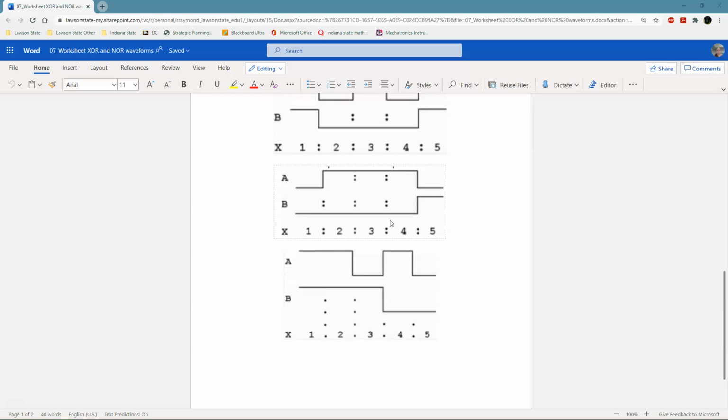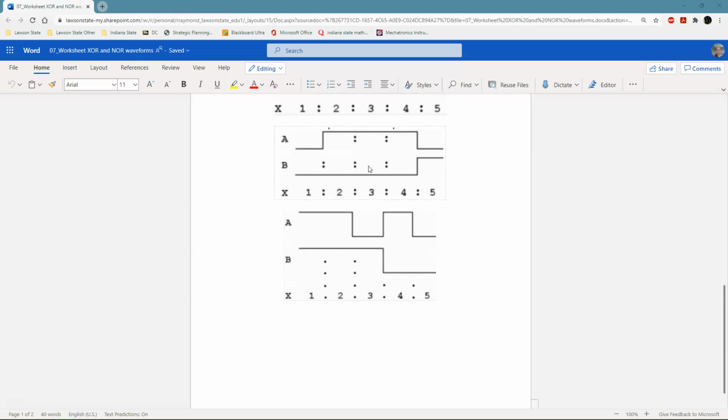So for the second one, for this one right here, what would my signal output look like? Should be 1, 0, 0, 0, 0. You're right. It should be 1, and then the rest of these are all zeros because you have opposite signals.